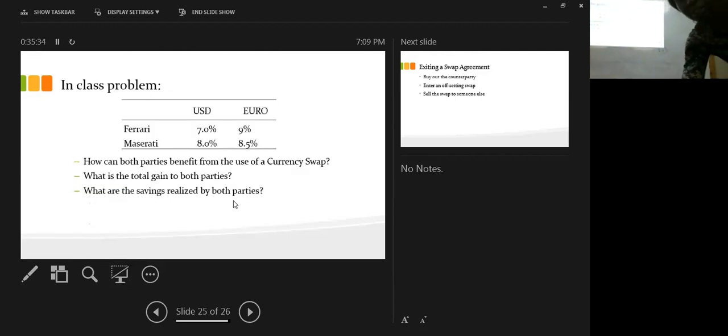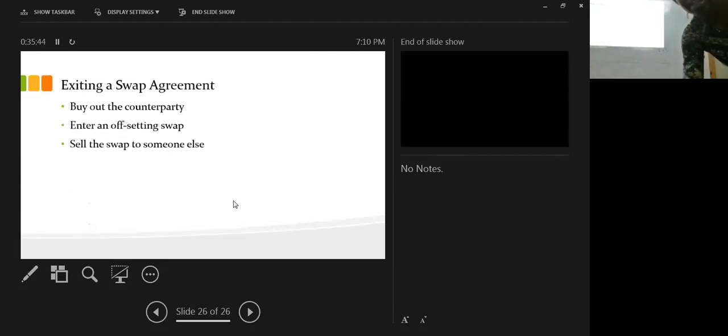All right. Maybe you can try this one on your own. How do you exit a swap agreement? You buy out the counterparty.